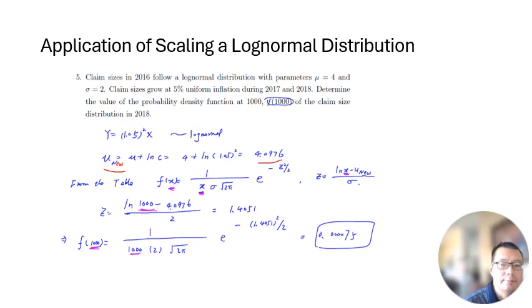Once you get the mu and omega, then you can just apply it to find the probability density f(1000), which is 0.000075.